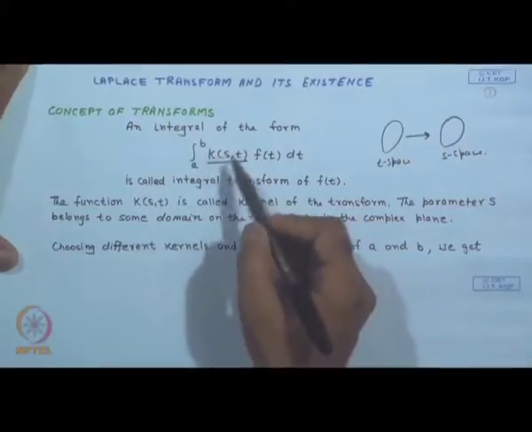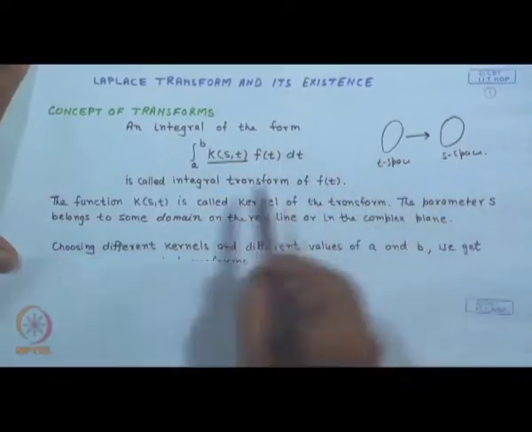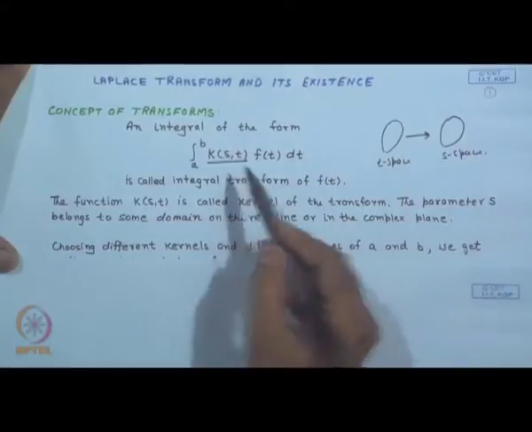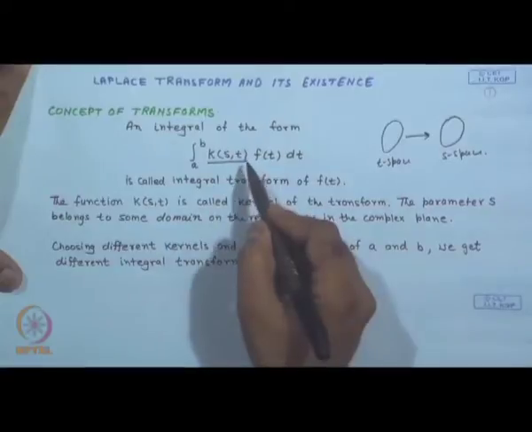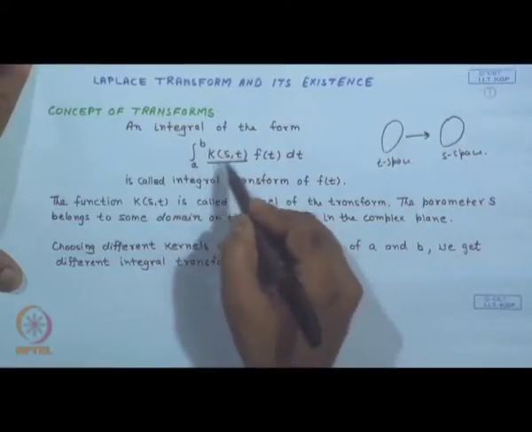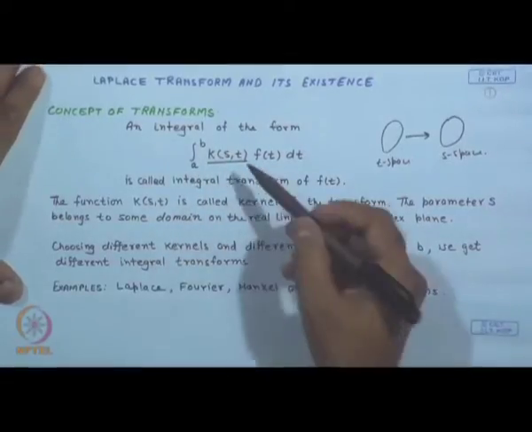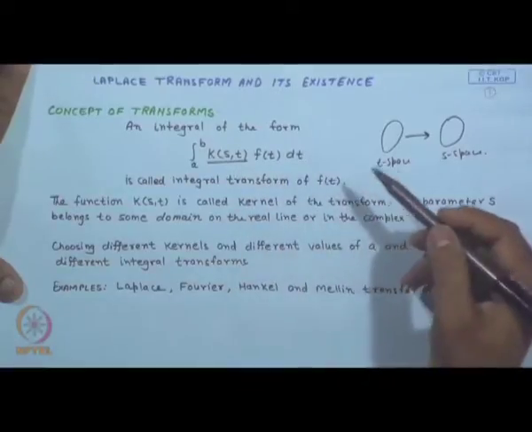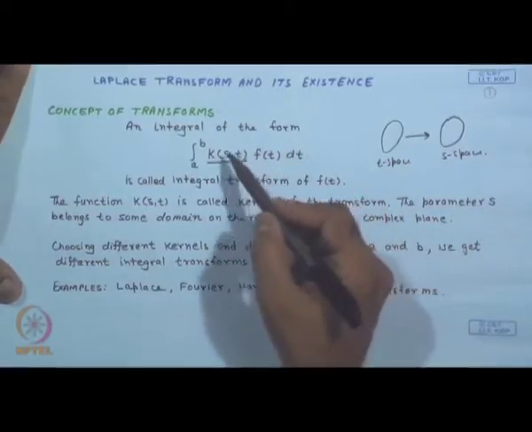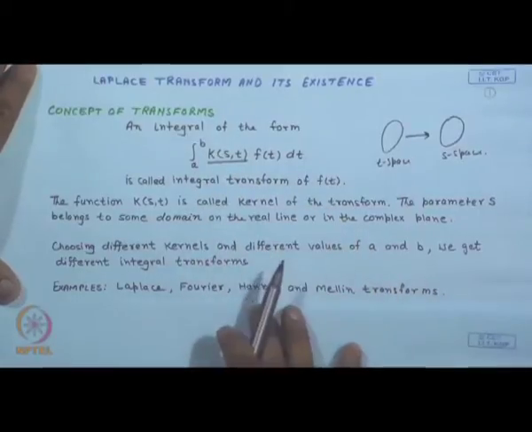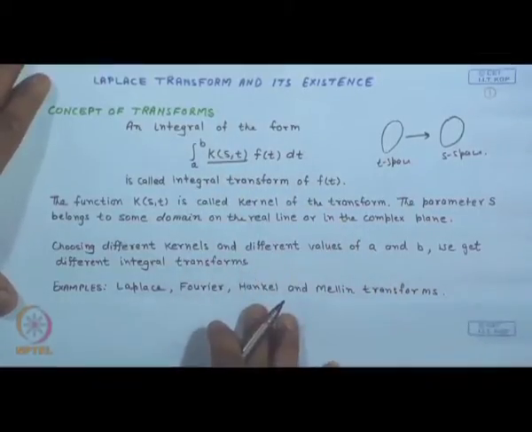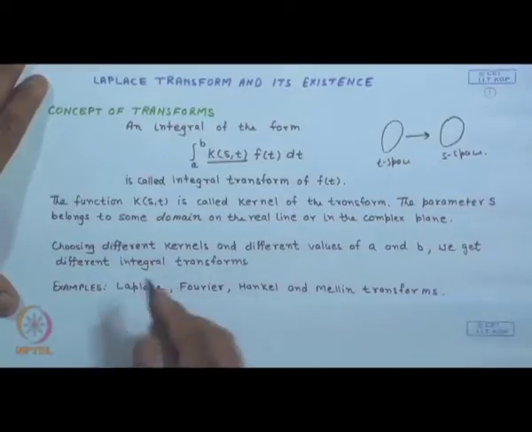Choosing different kernels and different values of a and b, we get different integral transforms. For example, we have the Laplace, Fourier, Hankel and Mellin transforms, depending on the kernels and the range of the integral. In this lecture we will mainly concentrate on the Laplace and Fourier transforms.